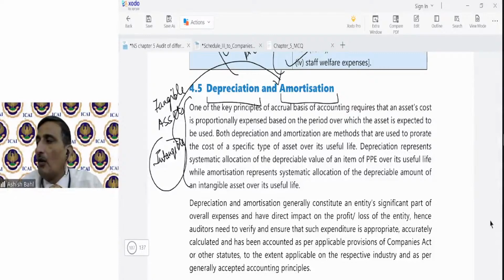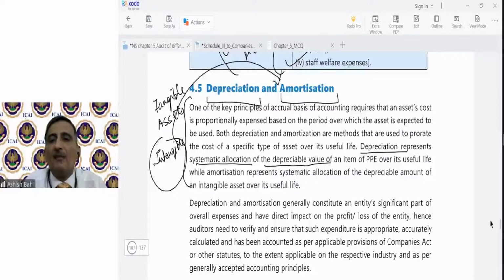So what do both terms represent, guys? Both terms represent decrease in value of an item due to passage of time. Depreciation represents systematic allocation of the depreciable value of an item of PPE over its useful life.